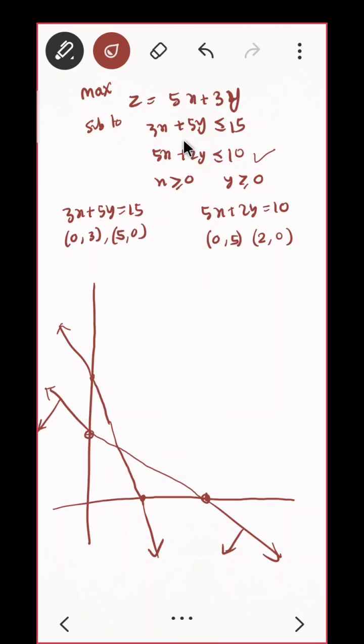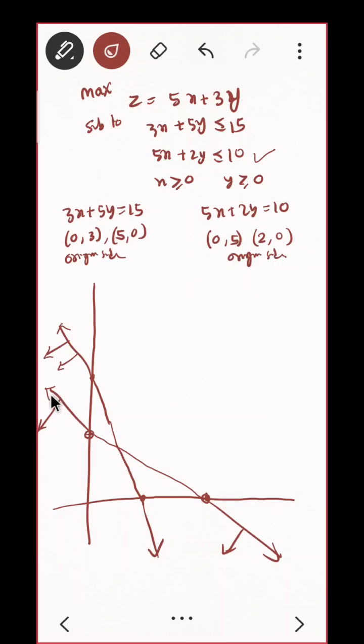Do you see the inequality? Put 0, 0 in the equation. What do you see? 0 is less than or equal to 10. Is that true? Yeah, so that means that is also origin side. So I'll write here origin side, and this is also origin side.